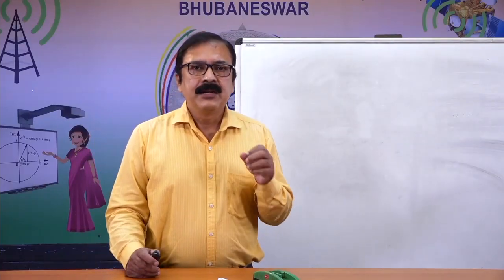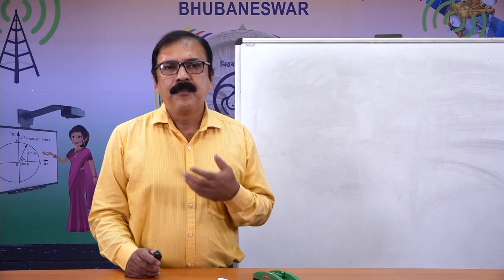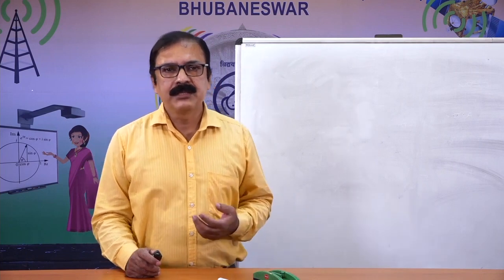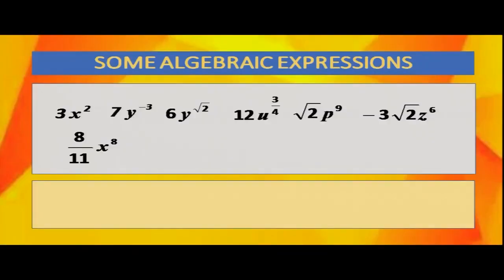Let's see some more algebraic expressions: 3x squared, 7y to the power minus 3, 6y to the power root 2, 12u raised to the power 3 by 4, root 2 p raised to the power 9, minus 3 root 2 z raised to the power 6, and 8 by 11 x raised to the power 8.